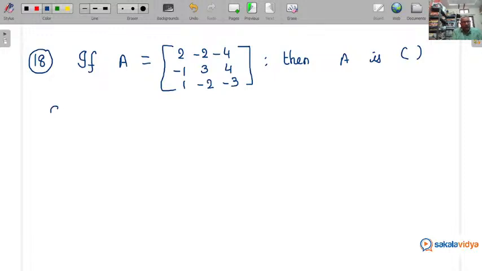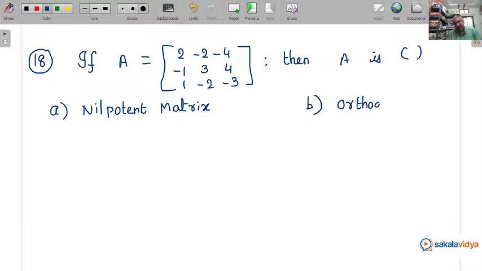Option A, nilpotent matrix. Option B is orthogonal matrix. Option C is idempotent matrix.